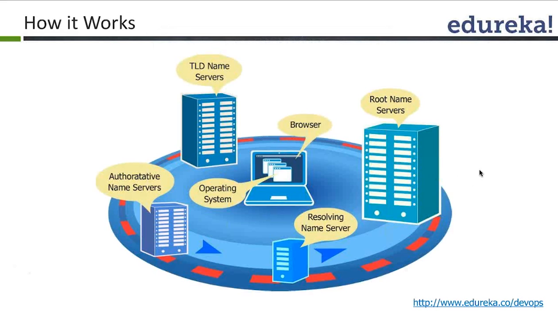When I say inverted tree structure, there is a starting point, and then as the branches go, you will have many trees, just like your file system. So this starting point of the inverted tree structure is what we call the root server.